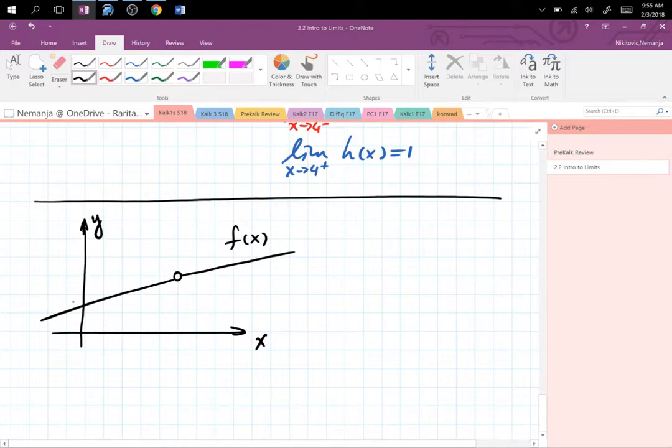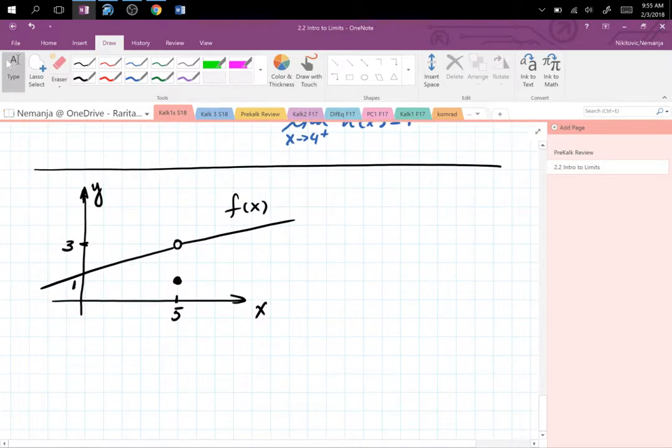All right, so you have a linear line. That's 3. That's 5. And that's 1. So this is another one of those pre-calc versus calc.